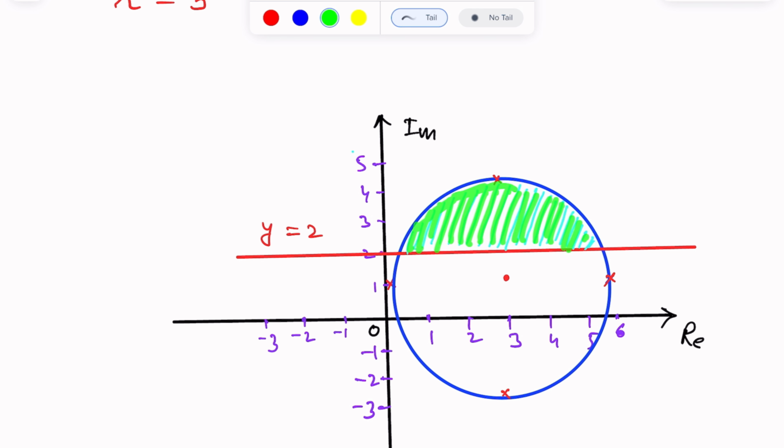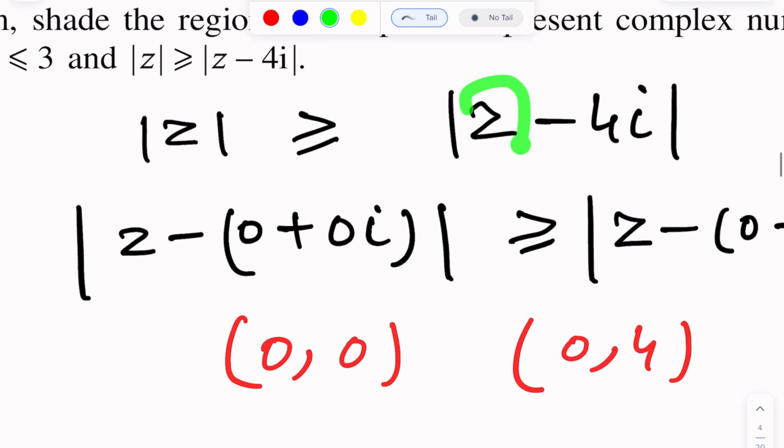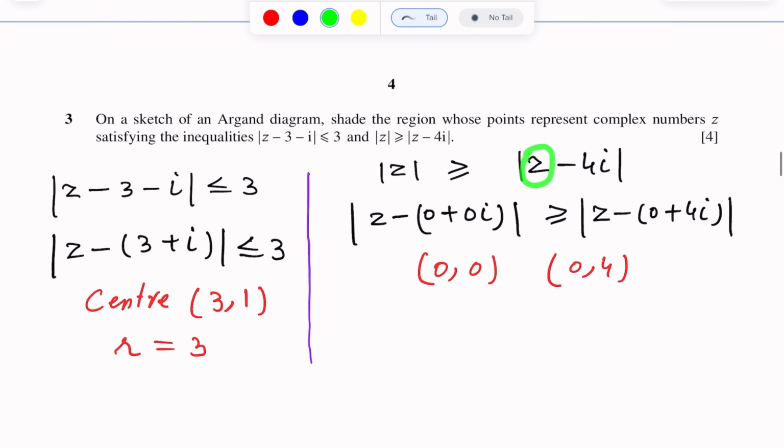So this shaded region shows the location of that complex number z.